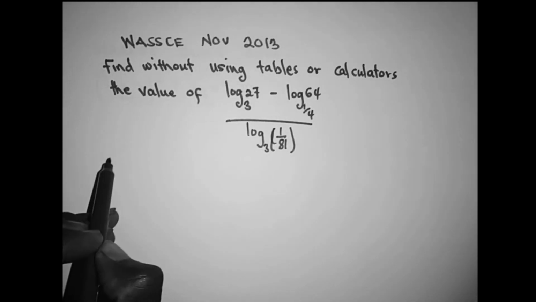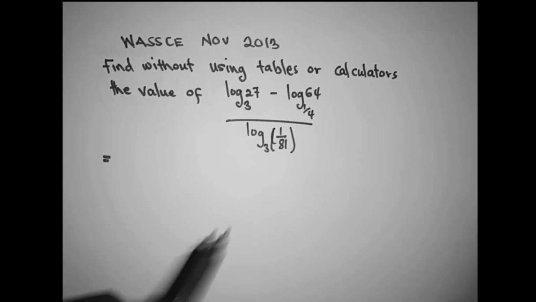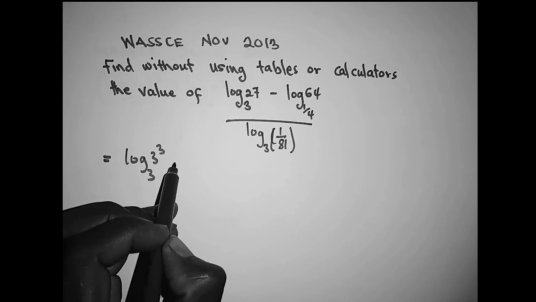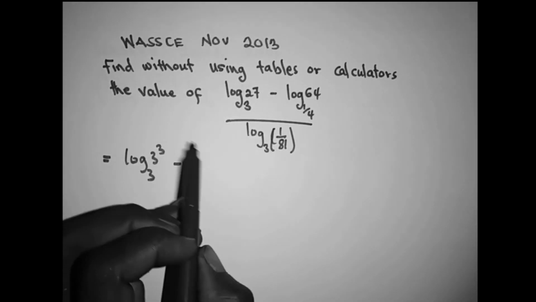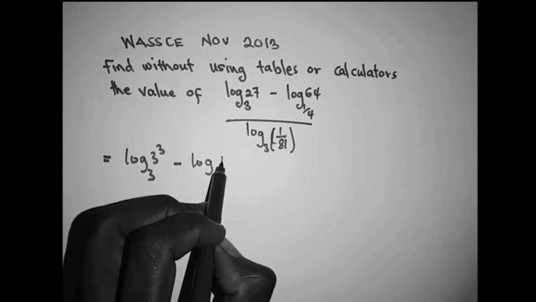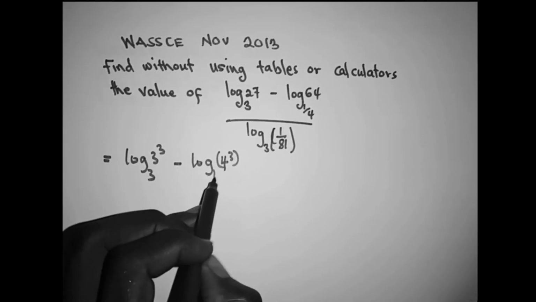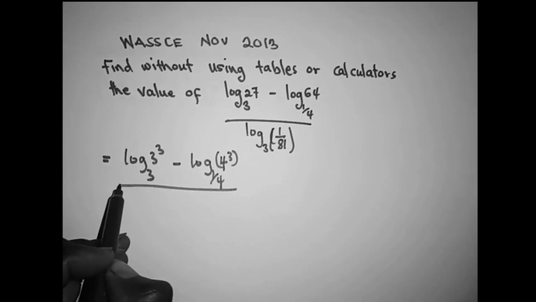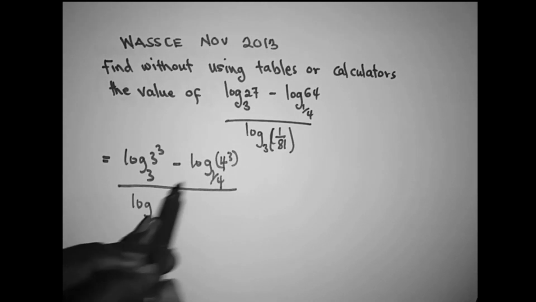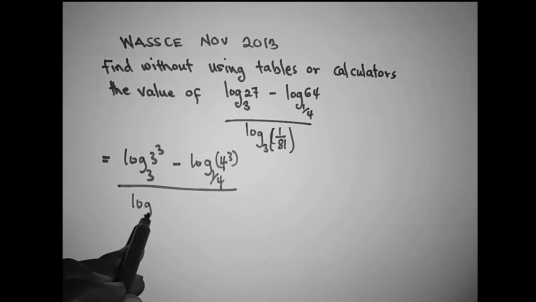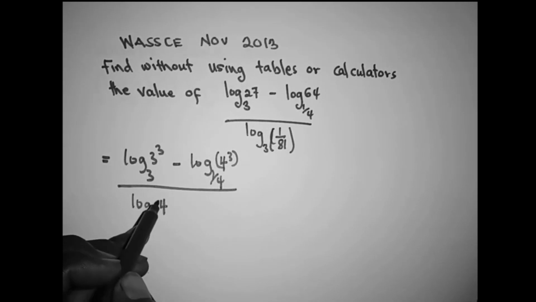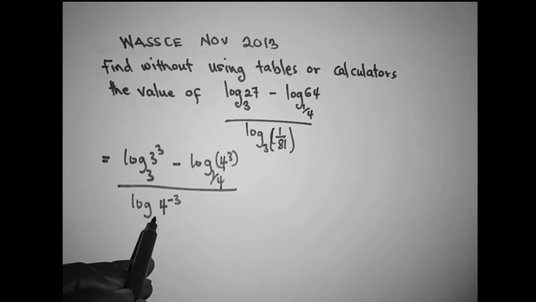So this is equal to log 27, which is the same as log 3 exponent 3 base 3, minus log 64, which is the same as log 4 exponent 3 base 1 over 4, divided by log 1 over 81, which is the same as log 3 exponent minus 4 base 3.